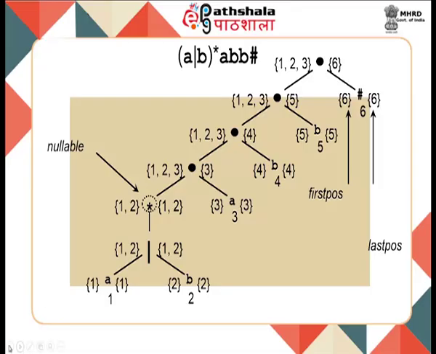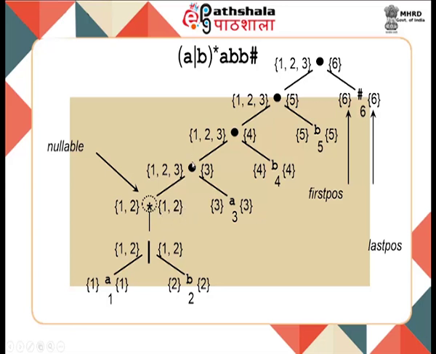Now let us just traverse the tree. I have a star node. Okay. For the star node, again first and last position are very simple because it is just the child's first and last position. So for this particular node, first position is again 1, 2, which is from the child, and last position is also 1, 2 from the child.